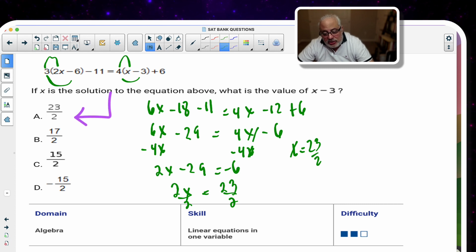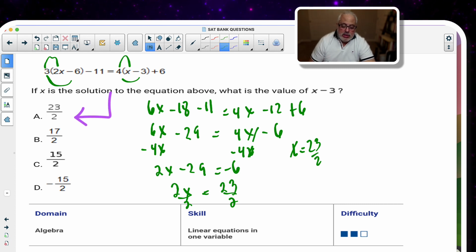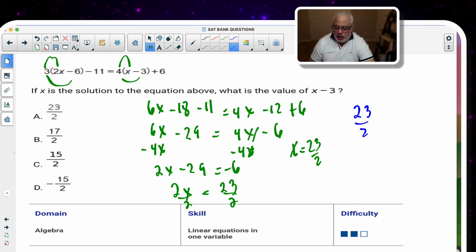The question is x minus 3. So we have to, let me use a different color, subtract over here 23 over 2, which is my x, minus 3. The rest here is to solve this subtraction. Denominator 1, we can make a denominator 2.